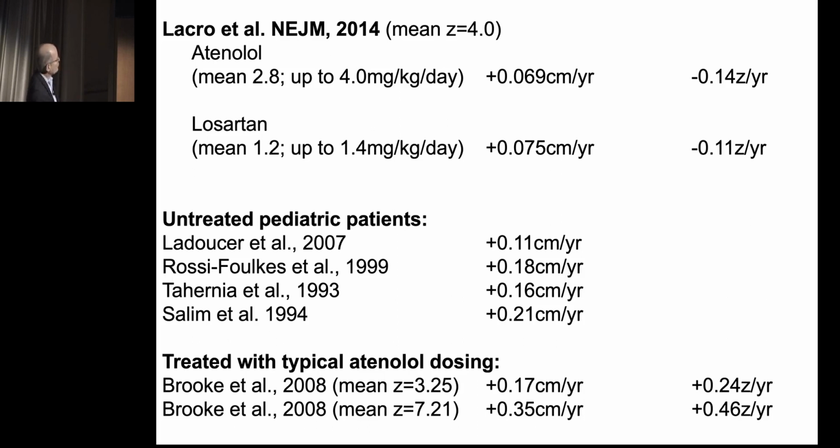What I think is most notable is that the growth rate in either arm in this trial was less than that previously observed in untreated pediatric patients or in patients treated with more typical atenolol dosing. So I think the bottom line is that both of these treatment strategies show some potential, but there's clearly a need for additional information and for improved protocols.